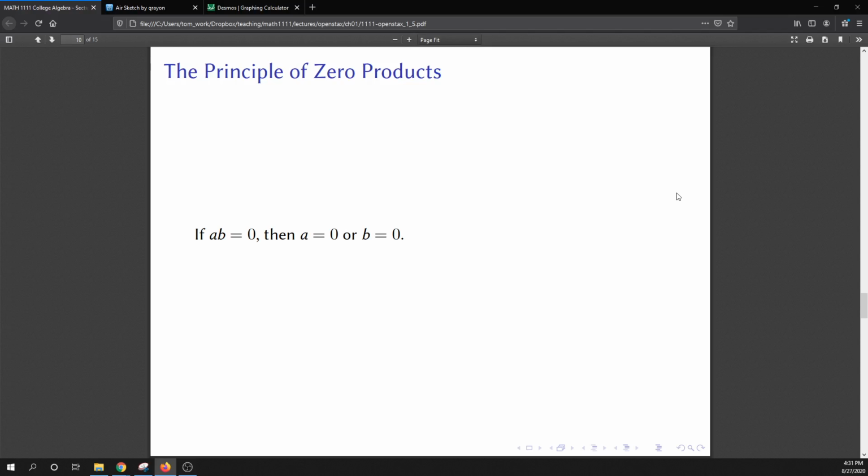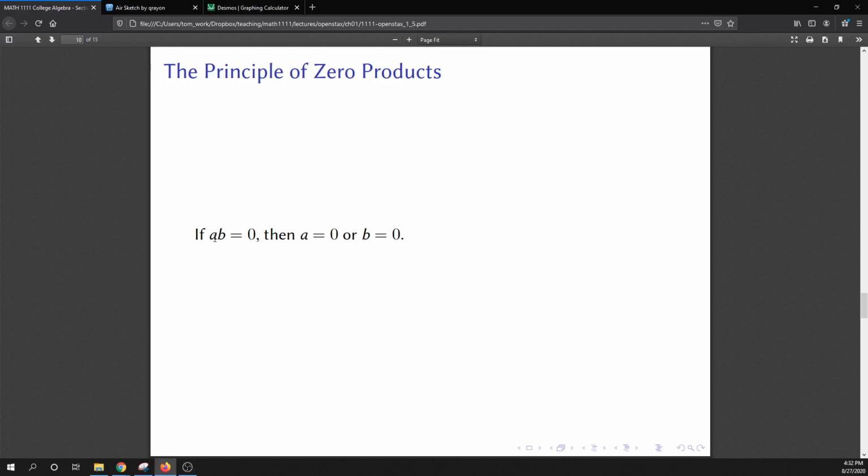So the principle of zero products says, hey, if I have two real numbers, A and B, and I multiply them together and get zero, then either one number or the other, or possibly both, have to be zero. Okay? And if you think about it, that's totally true, right?